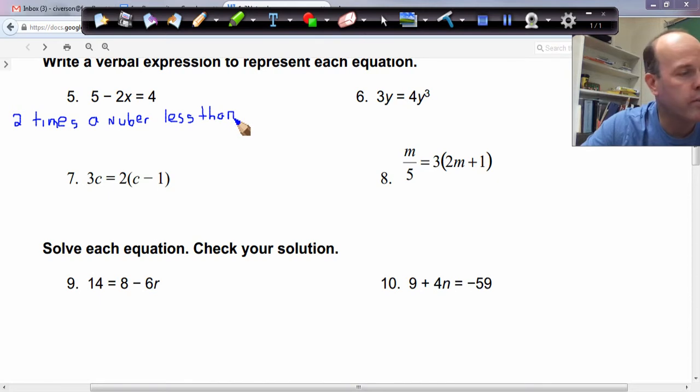Go slow, I know. Less than 5 is, because is means equals, 4.